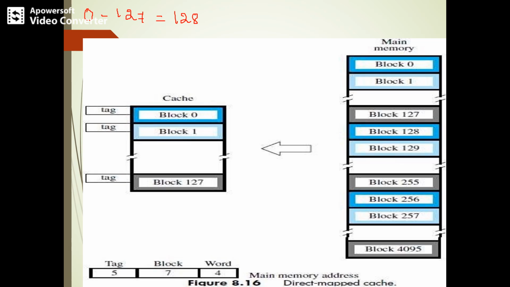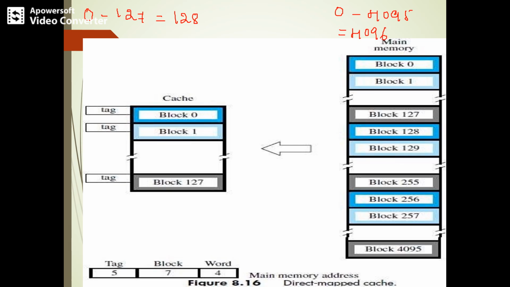With respect to the main memory, we have blocks from 0 to 4095, so a total of 4096 blocks. We cannot map all 4096 blocks into the cache, because the cache has only 128 blocks, but the main memory has 4096 blocks.